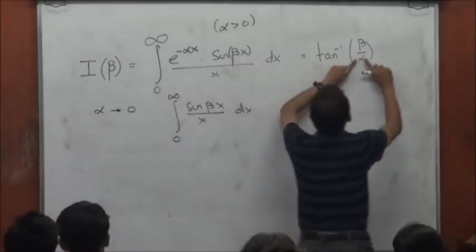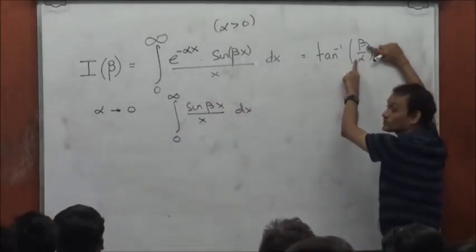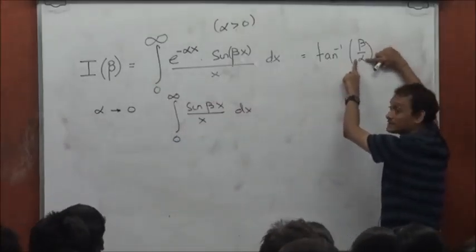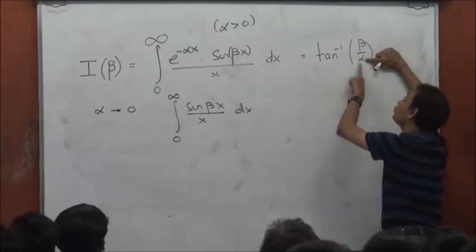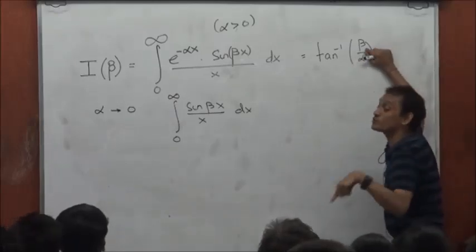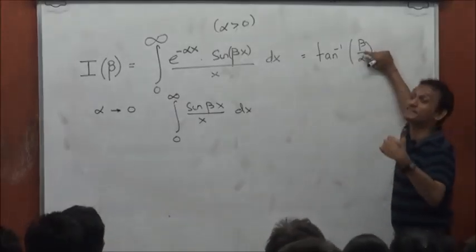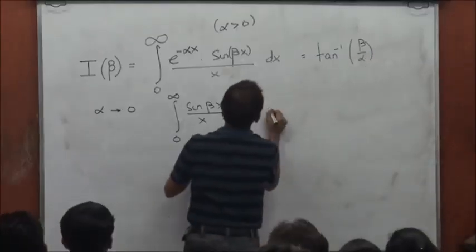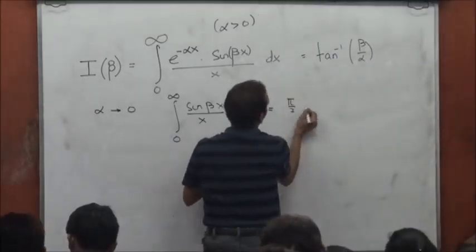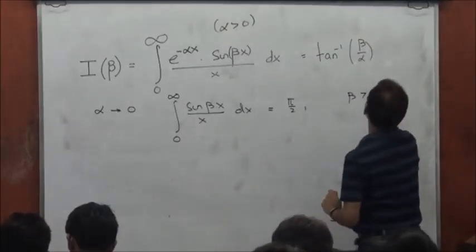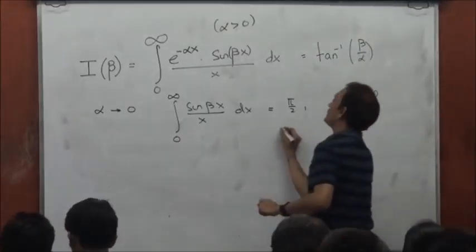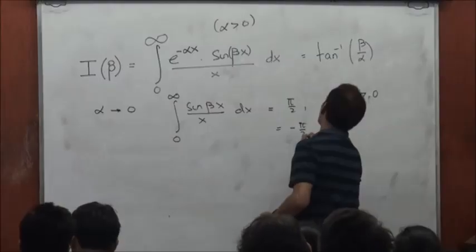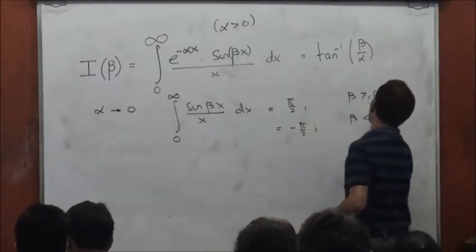Now when alpha tends to 0 here, this is like beta by something coming closer and closer to 0. Now if beta is positive, this will be plus pi by 2. But if beta is negative, this will be minus pi by 2. Yes or no? So very clearly this will be pi by 2 when beta is positive, see? And will be minus pi by 2 when beta is negative.